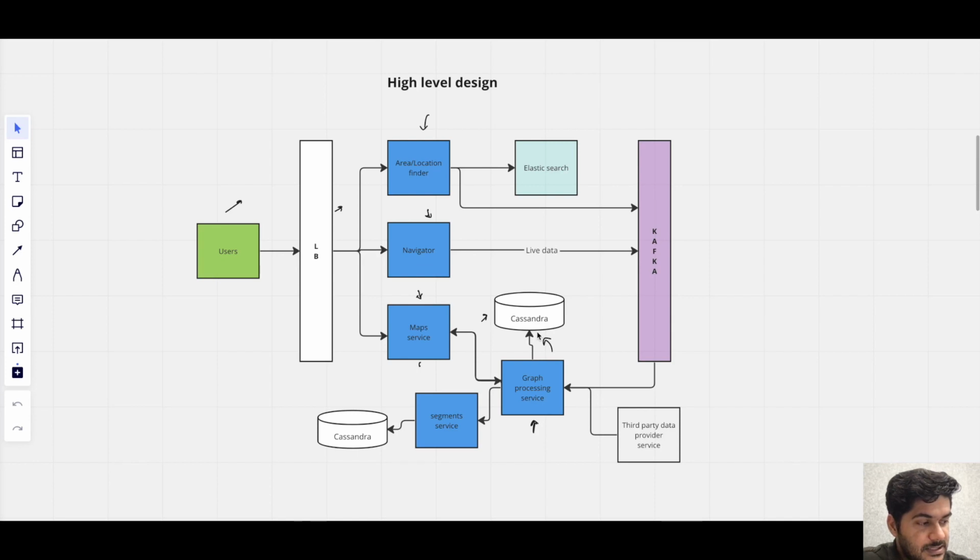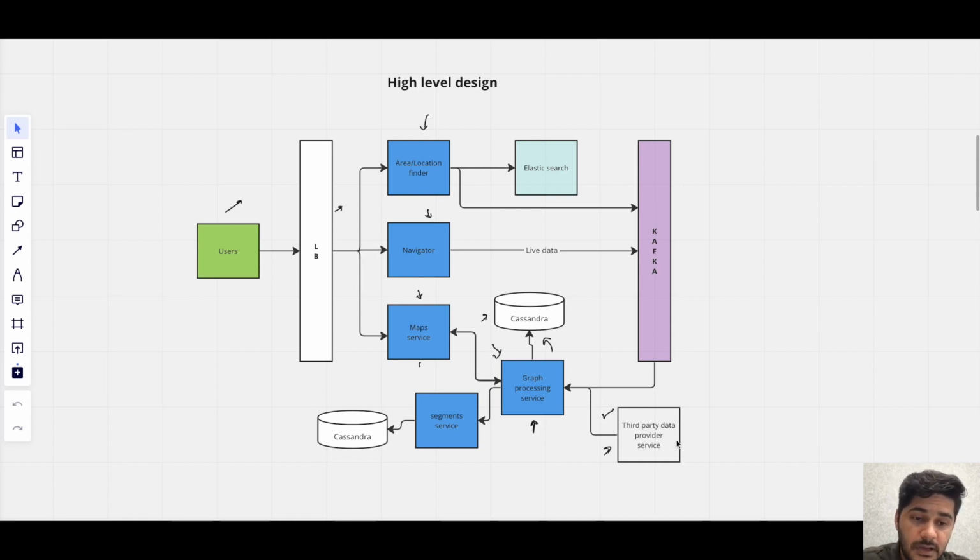Then this graph service is also having inputs from, you can think of, third party data provider services. For example, let's suppose we hand over some endpoints to some third party.